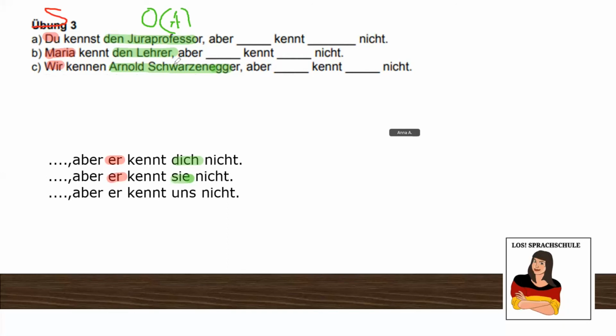Because it is a name, we don't see anything about accusative, nominative, or the gender or anything. But of course, it's common sense. It's a male person, again, and the wir part becomes the object in accusative, which is uns. He doesn't know us. Same as in English almost, isn't it?